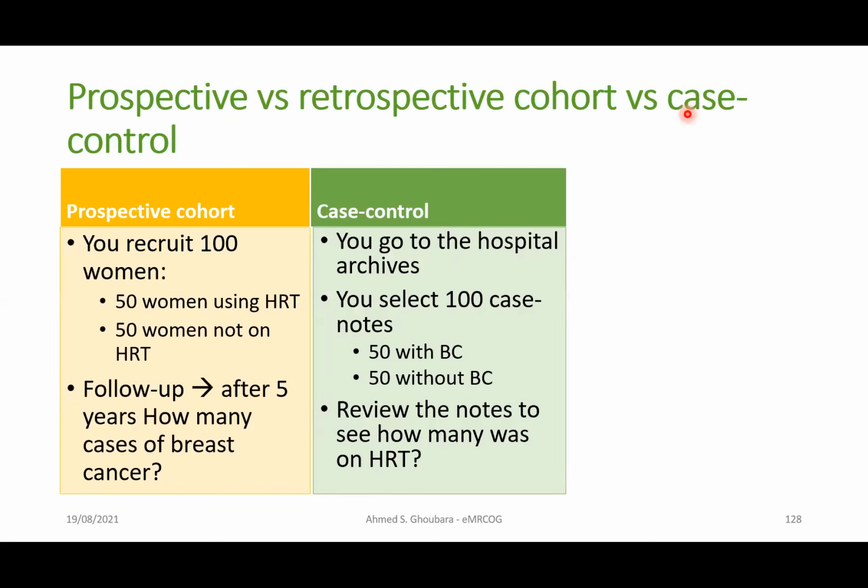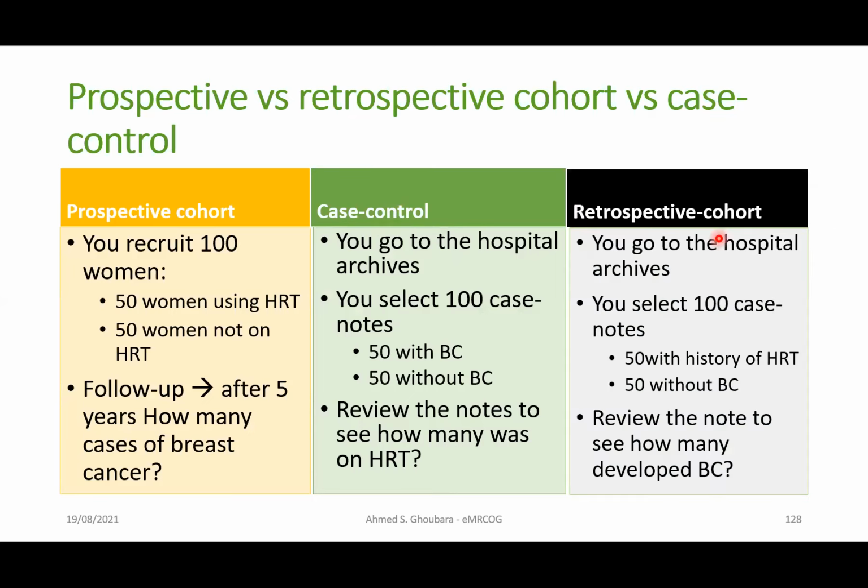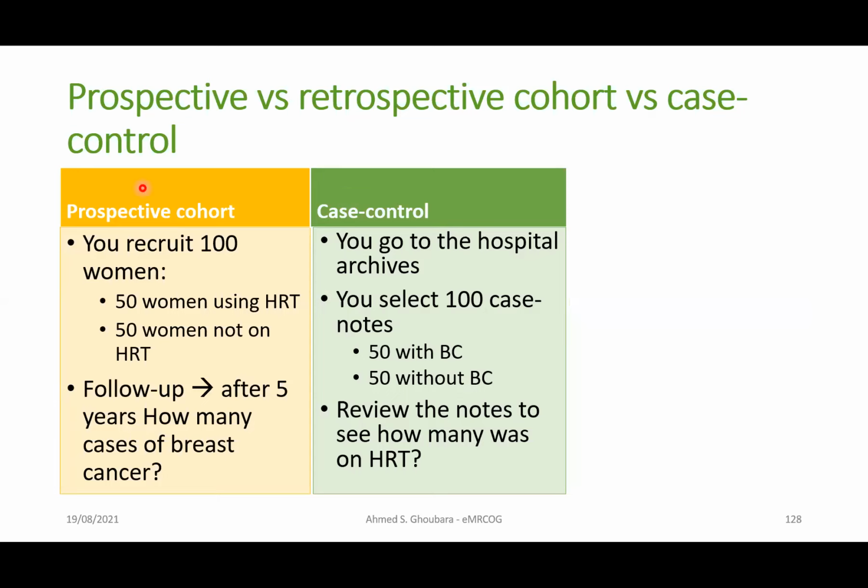So the last thing to discuss today is prospective and retrospective cohort versus case control. This is a comparison. So we have prospective cohort, case control, and retrospective cohort, right? So what is a retrospective cohort study? What we know about prospective cohort: we start with exposure, no exposure.